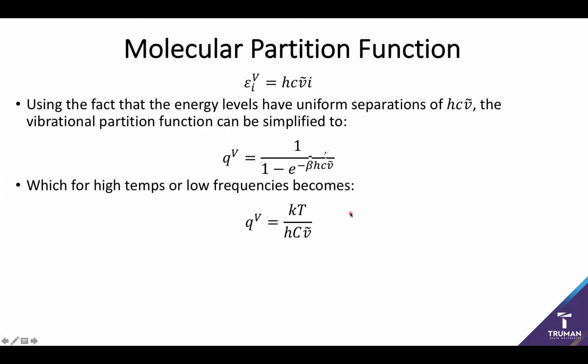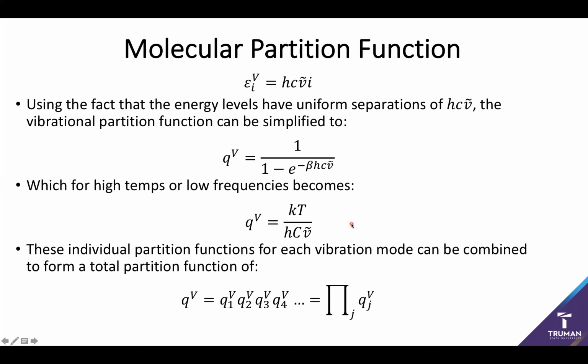It turns out we have a lot of vibrational frequencies. However, we can use the same separability we did earlier, and you can determine the total vibrational partition function simply by using the product of each of the individual vibrational partition functions.